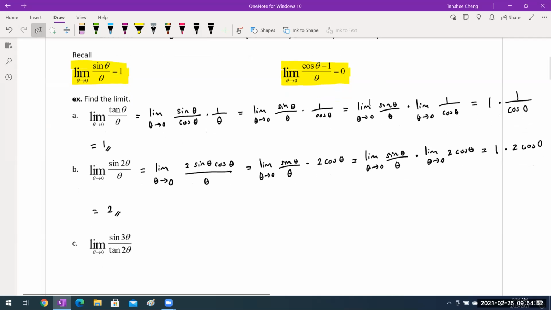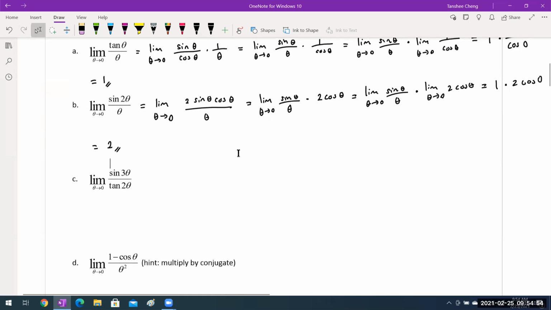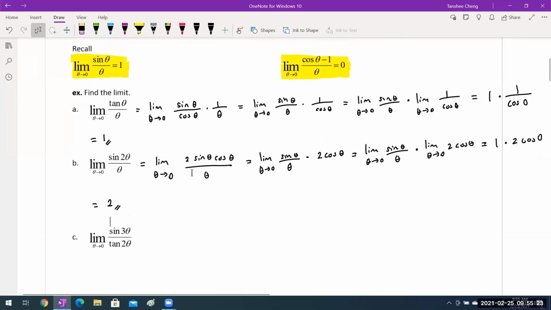So as we move on, we're going to do more manipulations for this type of problem. Sine 3 theta over tangent 2 theta. Sine 3 theta is harder for us to rewrite, and from there on you're going to have to continue with a lot of things. So the easier part to consider is what we originally know.